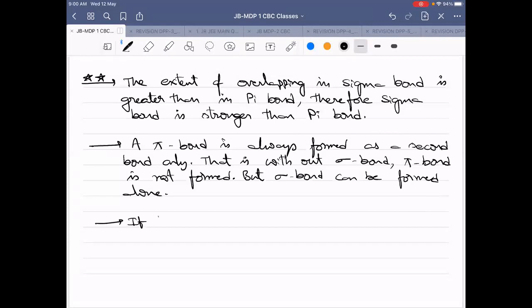If two electrons are shared, it is a single bond, sigma.